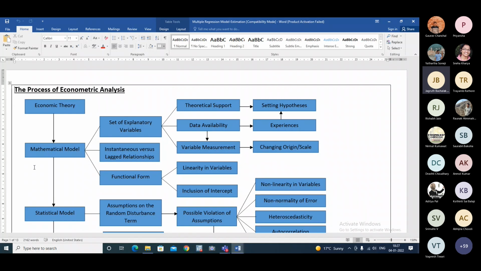I can write yi is equal to alpha plus beta xi plus ui, and I can test if the slope, that is beta, is statistically significant and negative. If so, then the law of demand is valid.